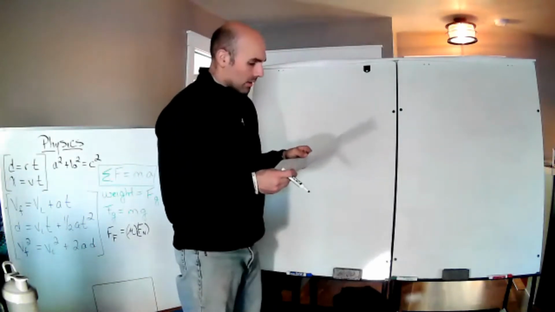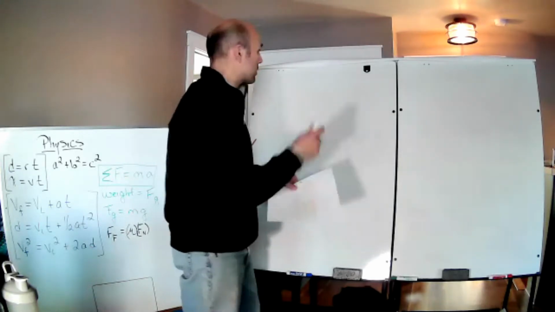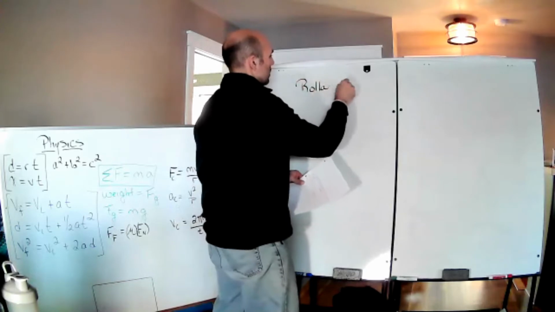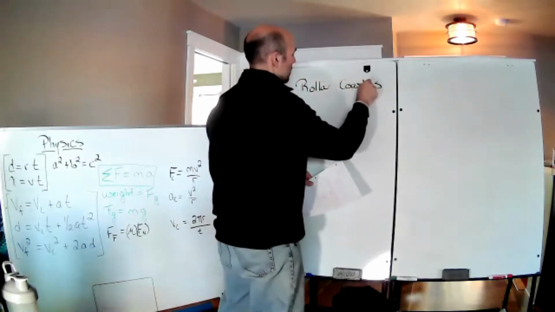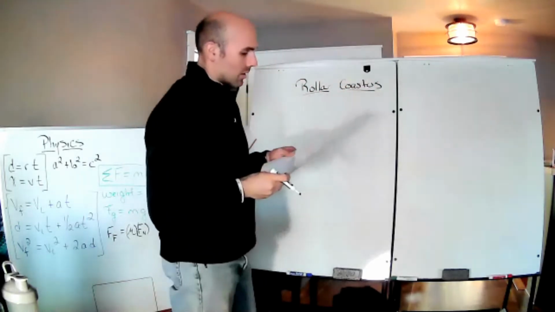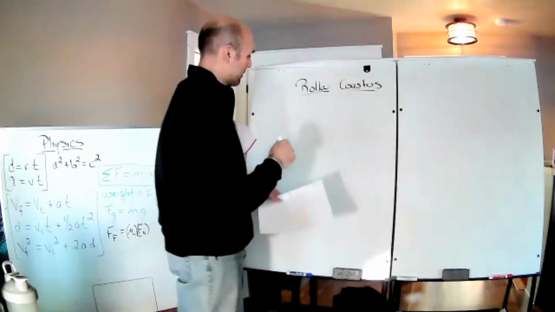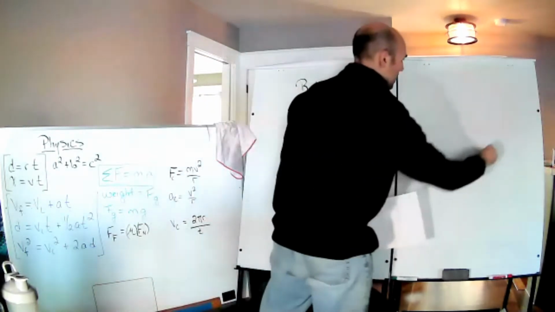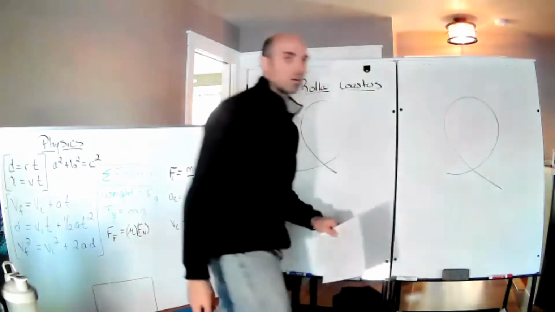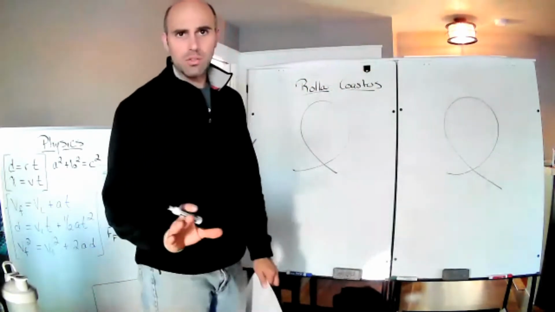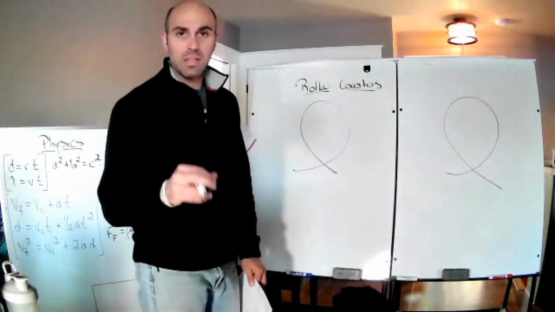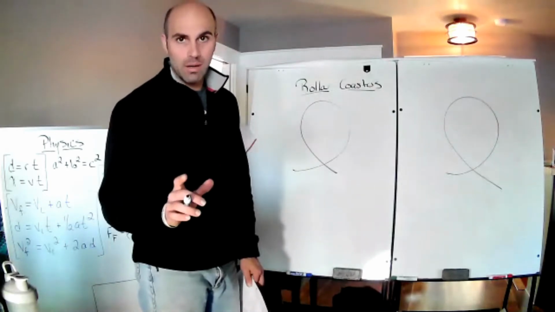So let's talk a little bit about roller coasters. All right, so let's see, roller coaster math here, okay? Remember I told you, there's only 2 points in a loop, specifically with regard to roller coasters, that we care about.